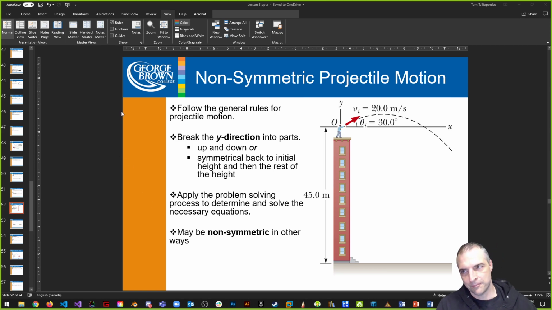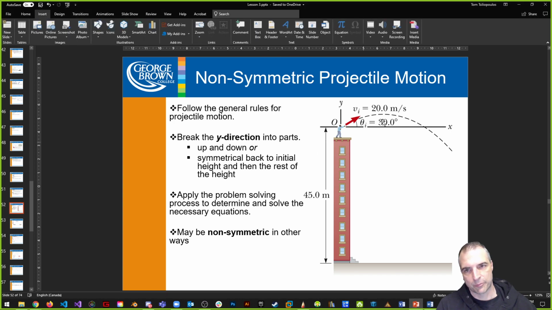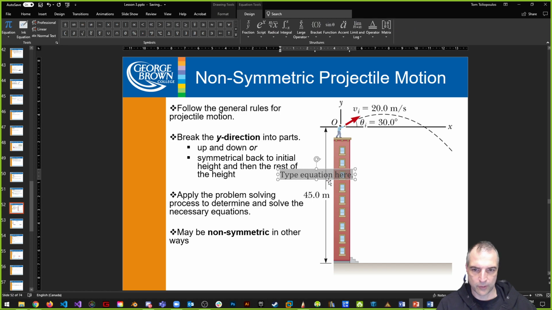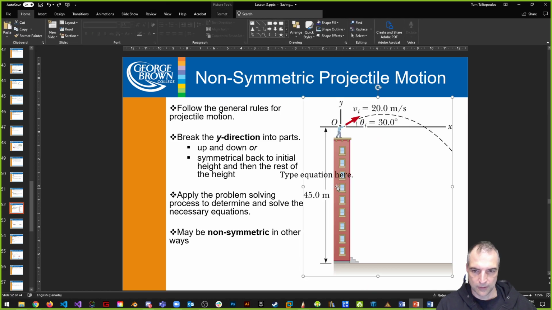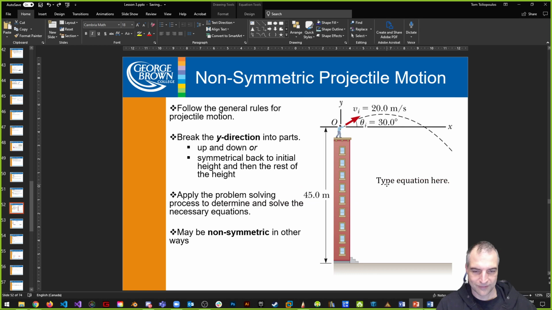So if I was going to break this problem down before we go to the next page, I want to insert an equation. Here's my equation.